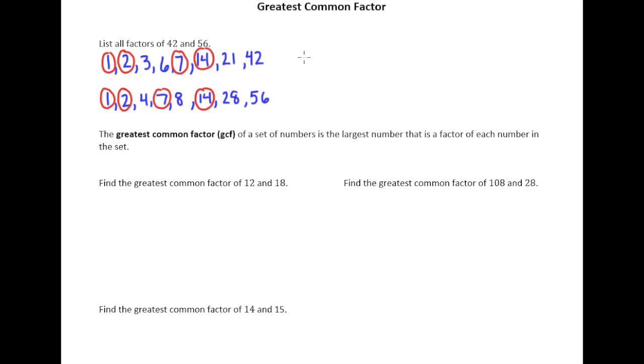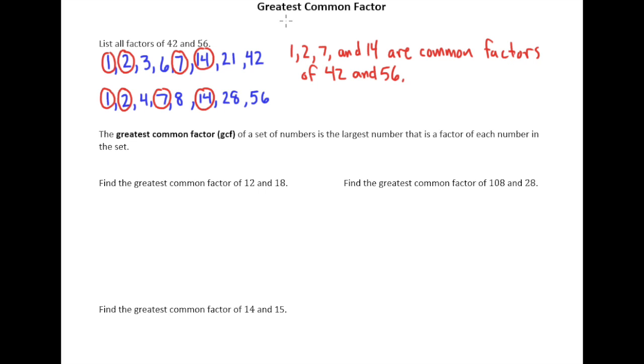And so because these are both lists of factors, we can say that 1, 2, 7, and 14 are what we call common factors. They're common factors of the two numbers we're considering, of 42 and 56.